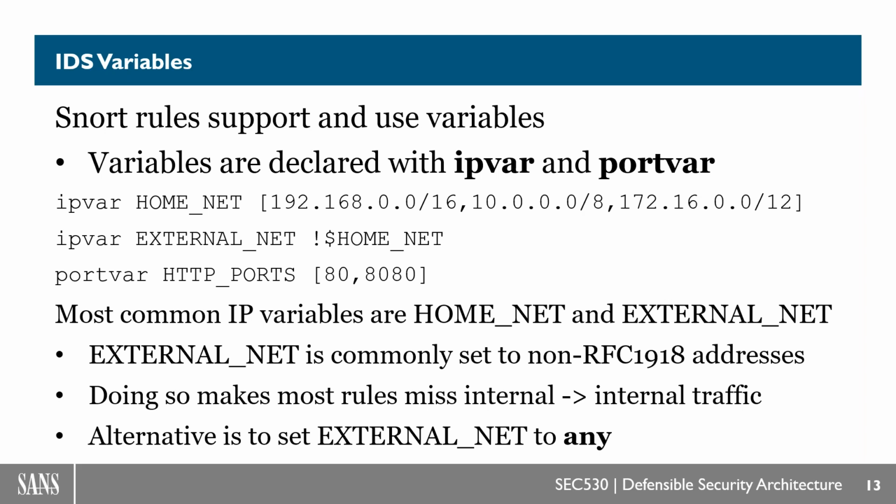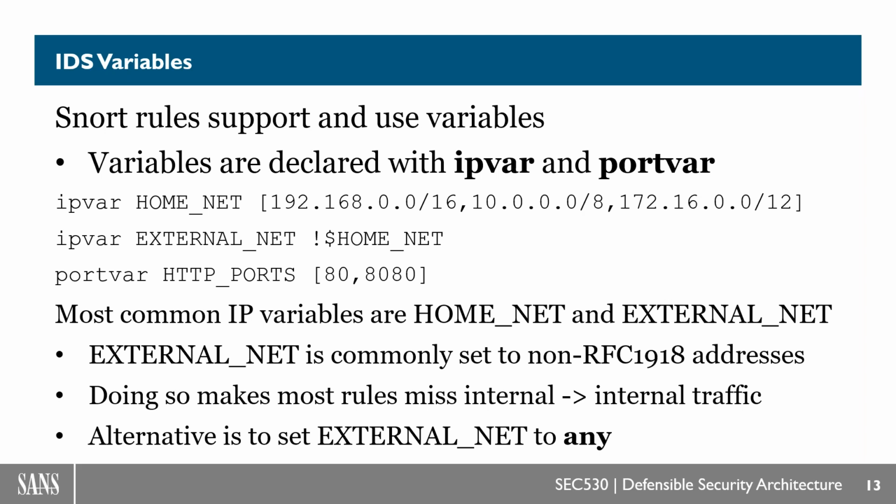So this means you might have 50,000 signatures, and 50,000 signatures will work really, really well for attacks going into or out of your environment. But if I do something from something on the inside to something on the inside, those 50,000 signatures all of a sudden don't do anything.